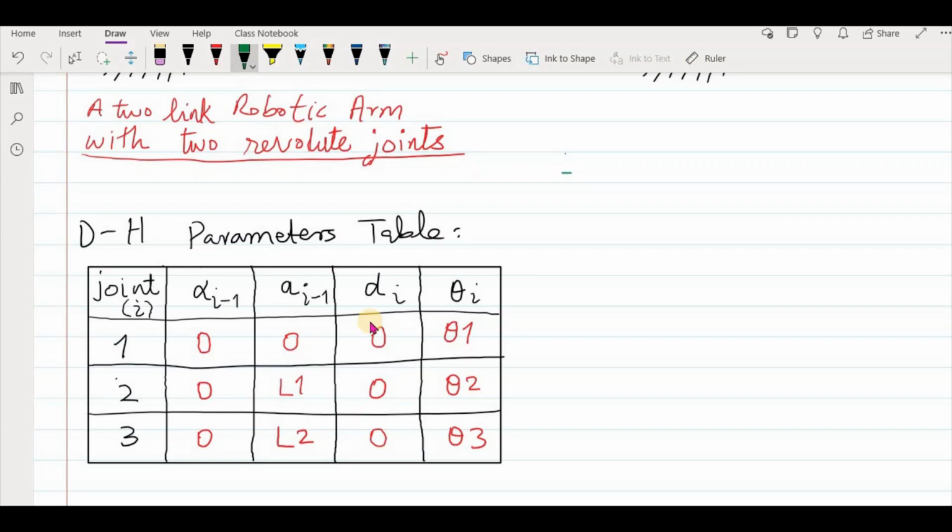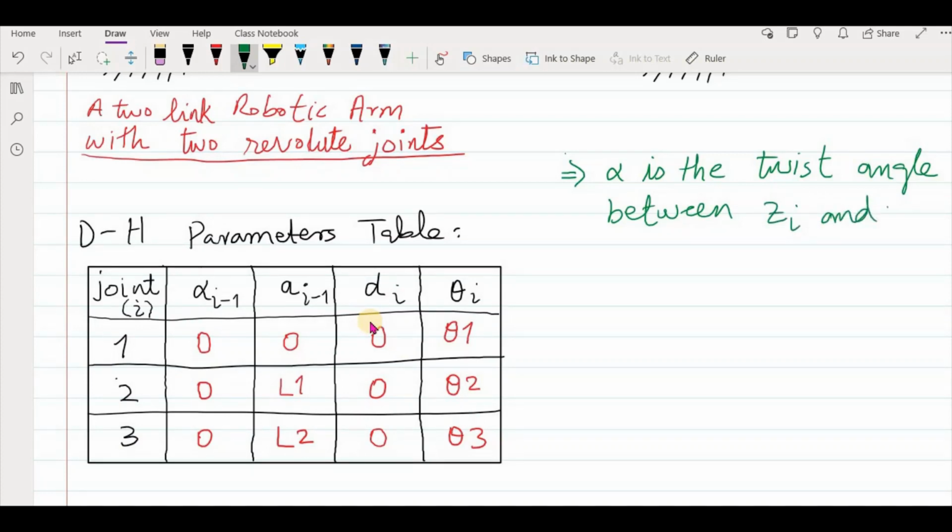So here, let's say alpha is the angle, or you can call it the twist angle, between zi and zi minus 1.